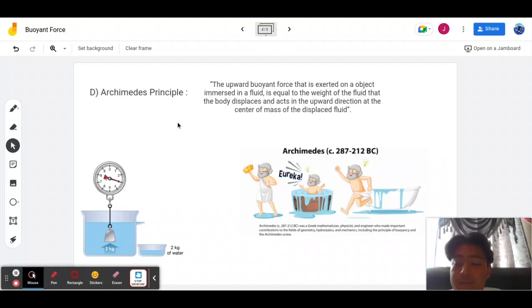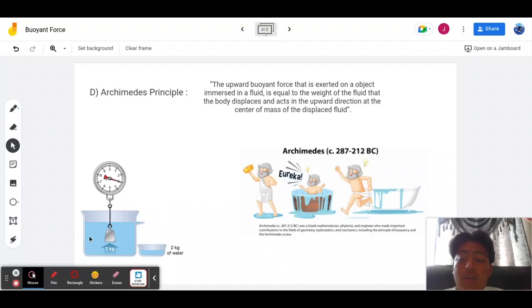Also, if the weight of the water displaced is equal to the weight of the object, it then starts to float. For example, in the image on the bottom left, I have a block with a mass of 2 kilograms.